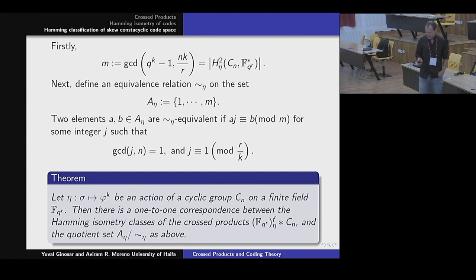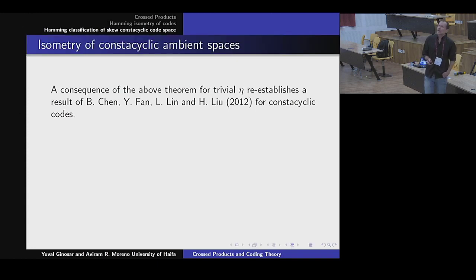So in this particular case, a consequence of the above theorem for trivial eta reestablishes a result of Chen, Fan, Lin, and Liu from 2012 for constacyclic codes.